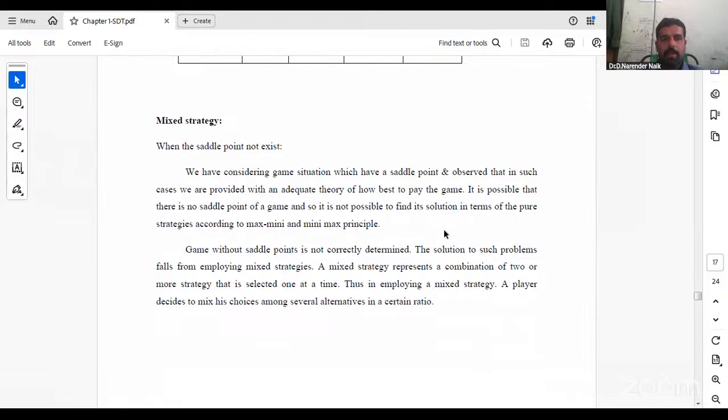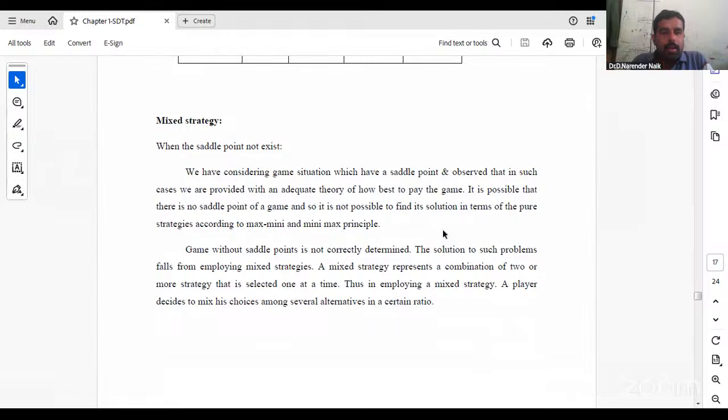It is possible that there is no saddle point of a game, and so it is not possible to find a solution in terms of strategies according to the maximin and minimax principle.